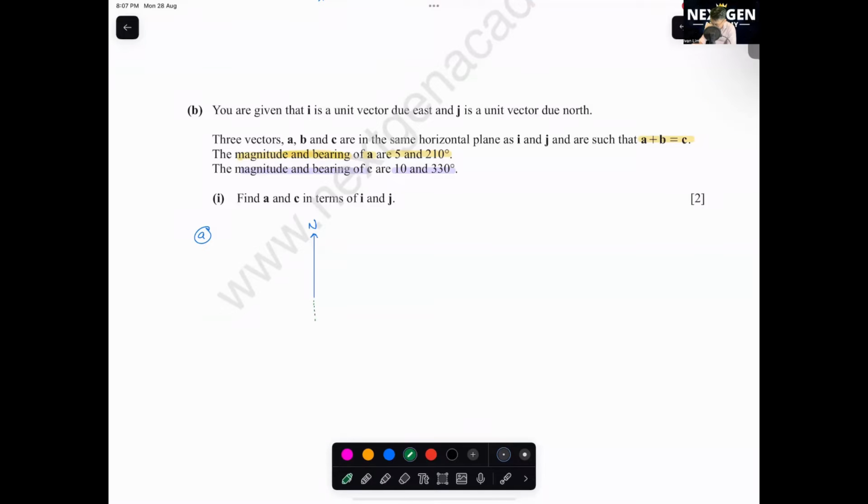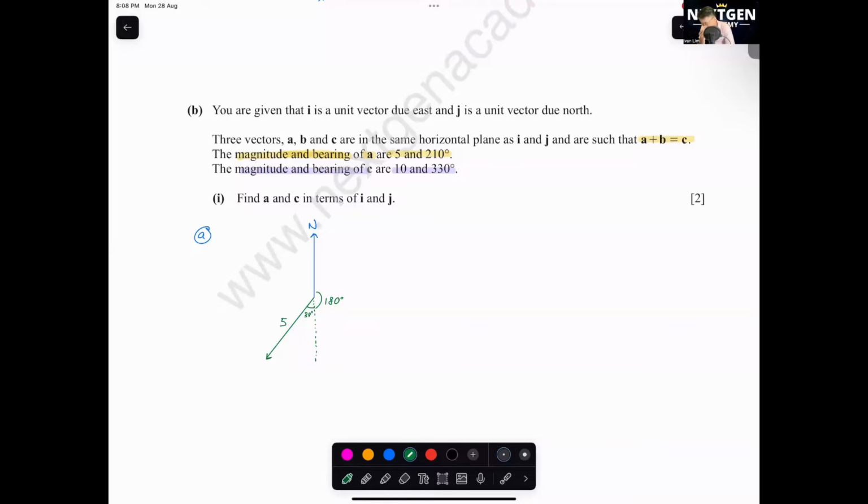So 210 is basically from north, 180, then plus 30, right? Okay, so my direction, this is the triangle. We need to know that this is 180 degrees plus 30 degrees. That will make it 210 degrees. Okay, and this magnitude is 5.